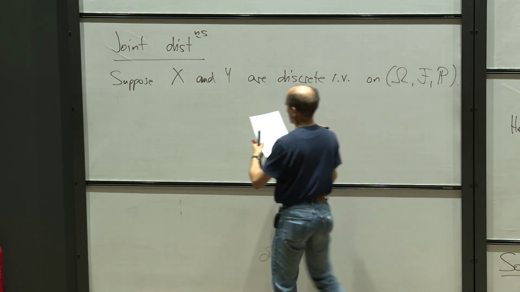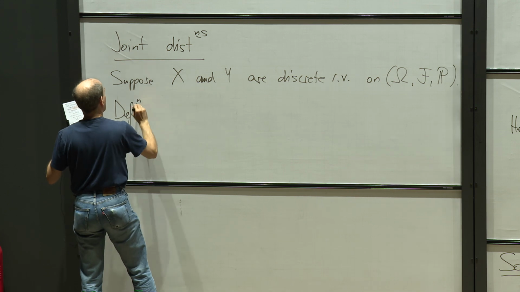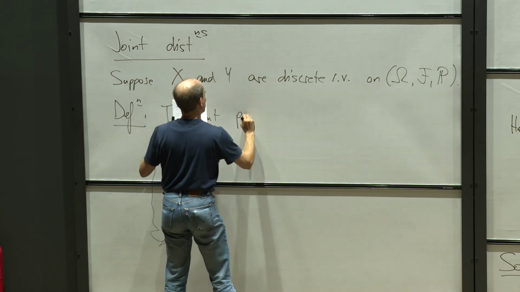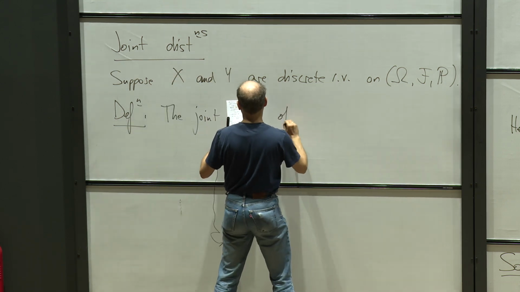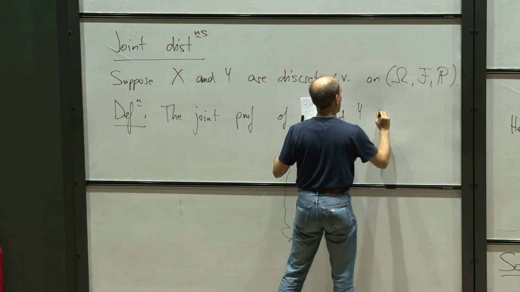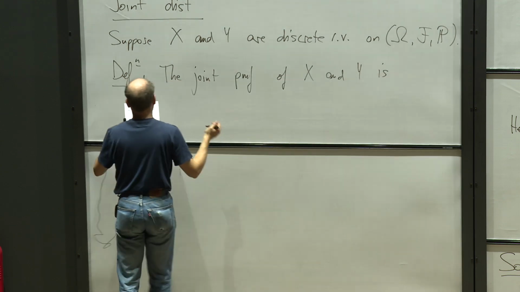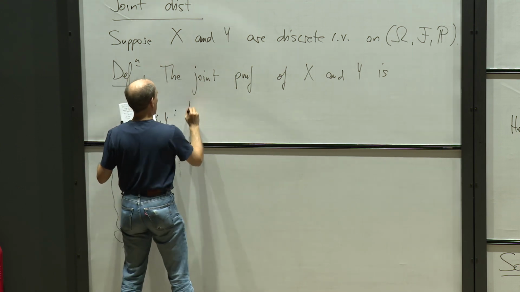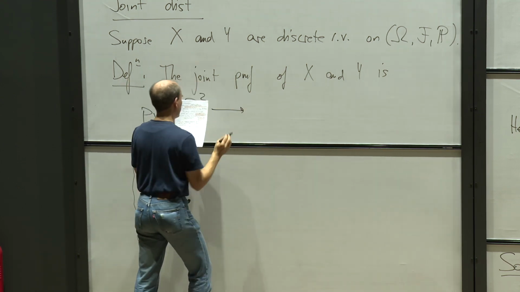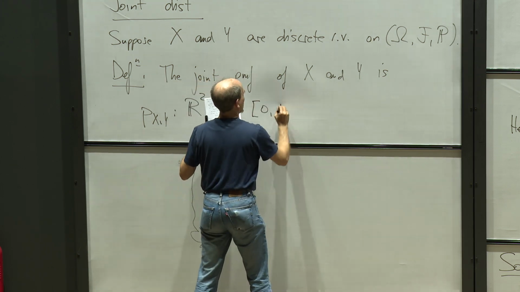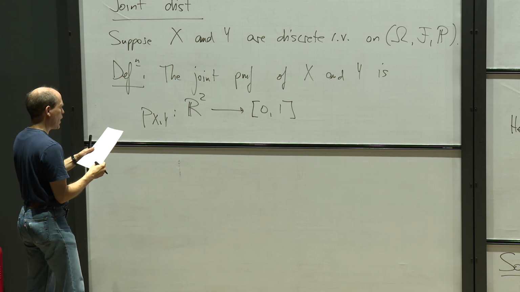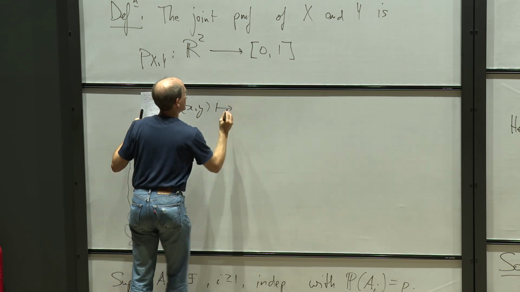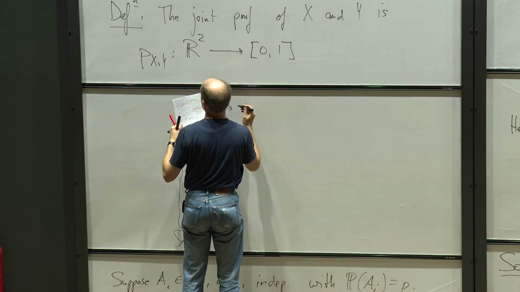Well, whenever you have that, we can say, let's define the joint probability mass function of x and y, and that is in analogy to what we've defined for a single random variable, a function that now takes two values, one for x and one for y, and spits out a probability in 0, 1.